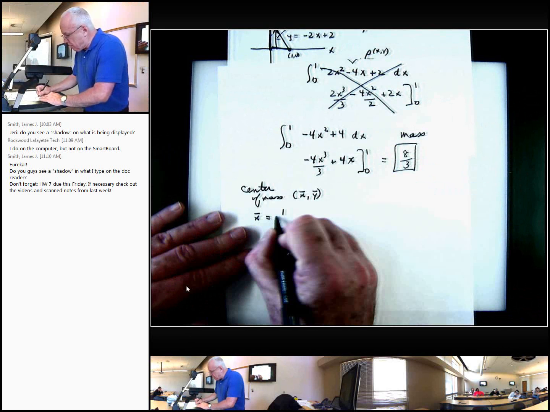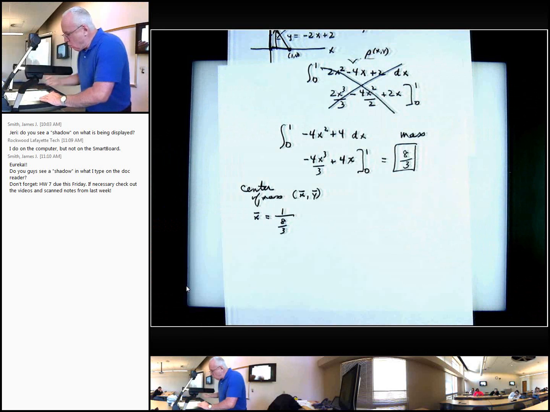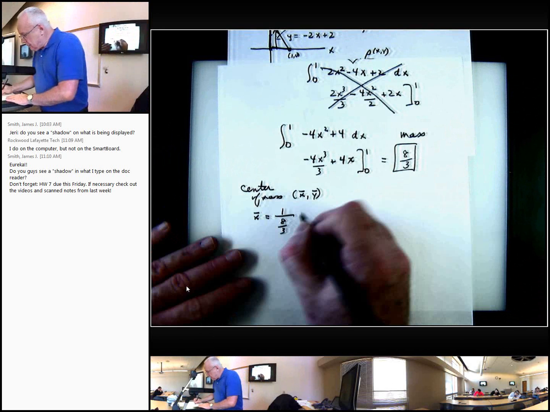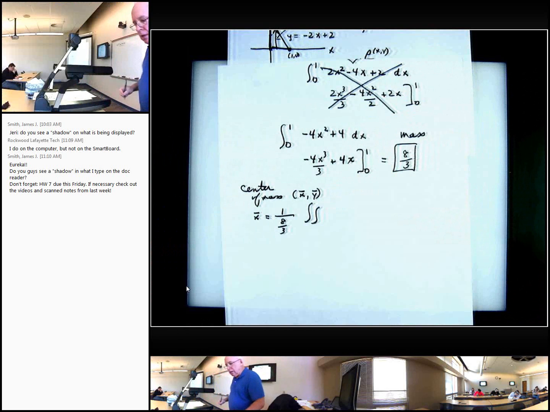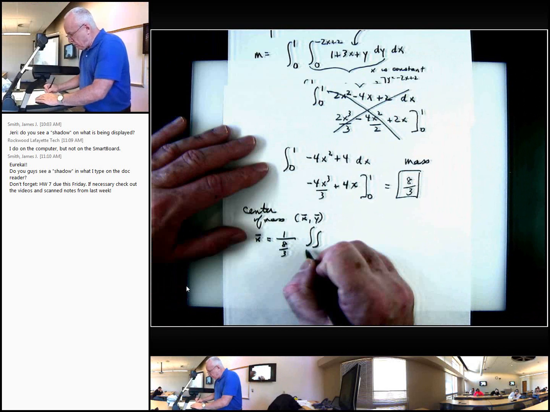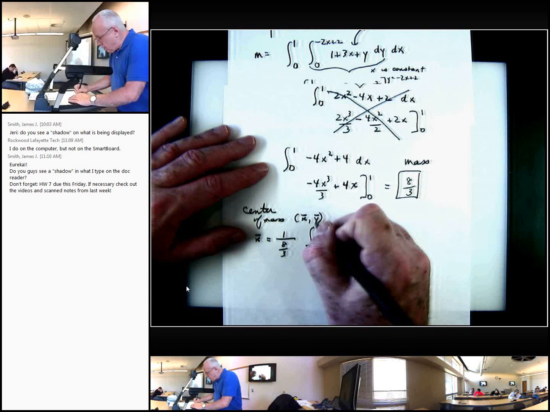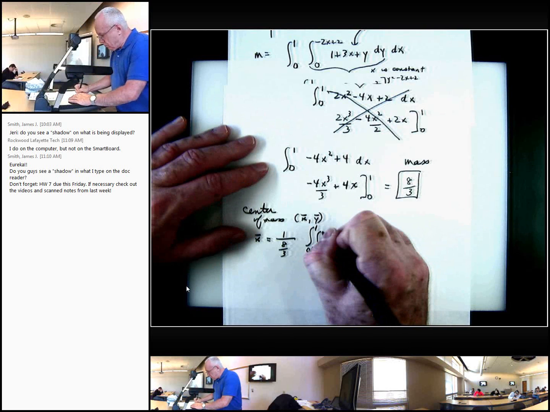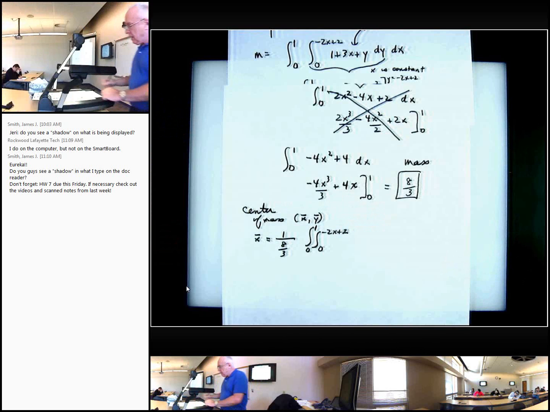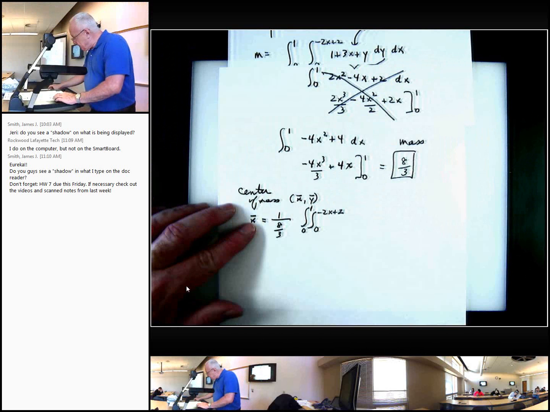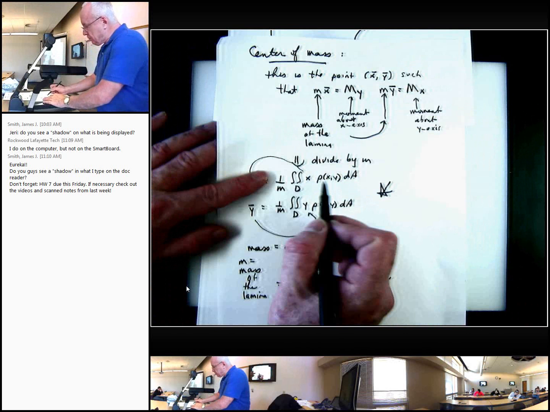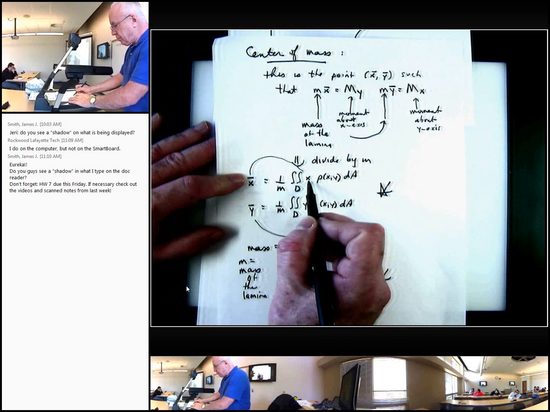For right now, I'm just going to put it like this: 1 over 8/3 times the double integral. Now, it's the same limits of integration that we had before, 0 to 1, 0 to minus 2x plus 2. For this, we have to add in not just the density, but we have to multiply by the x.